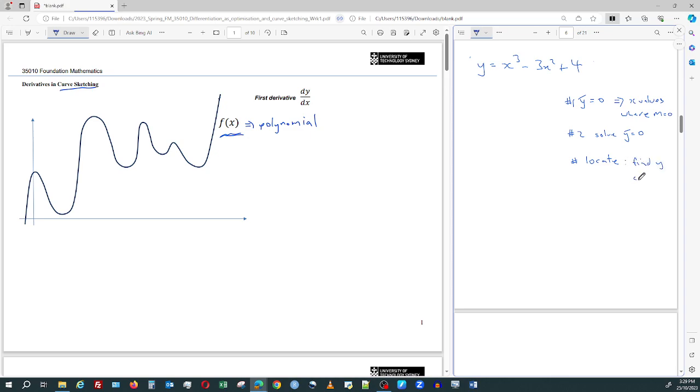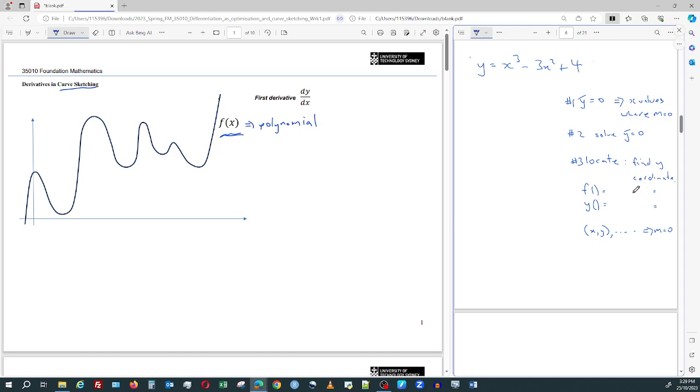So we'll find the y coordinate, and we'll have to use the original expression for y and use function notation. So we'll be using function notation, f, or if you like, y of some value x, and that will give us the y value, the f of x value. And then we'll have a coordinate pair, x and y, and we might have a few of them. There could be a list of them. Okay? And at those points, m is 0.